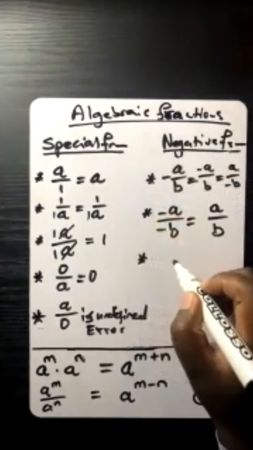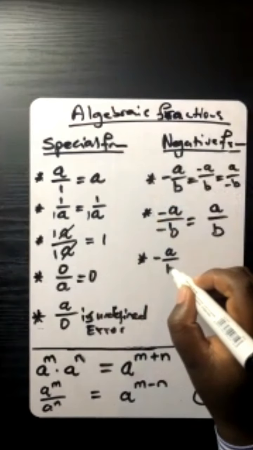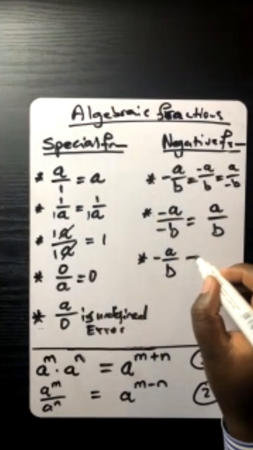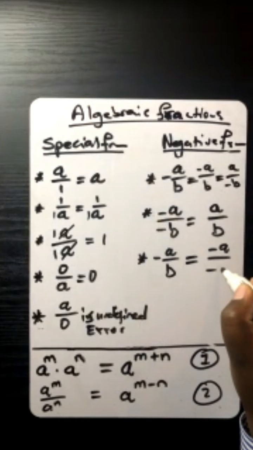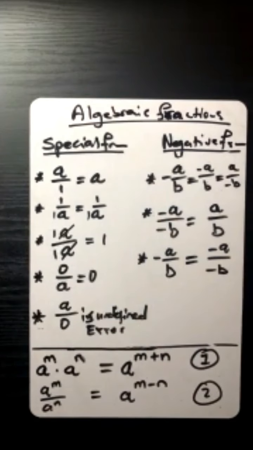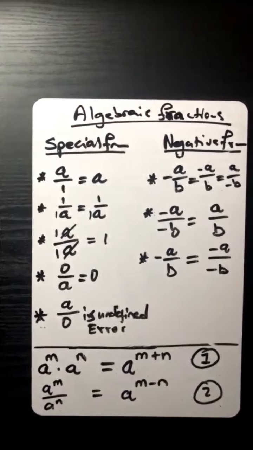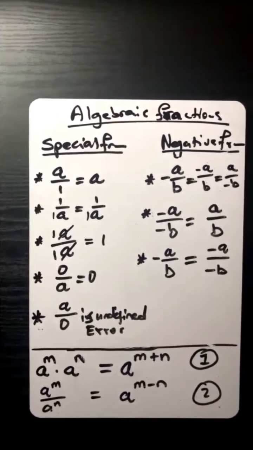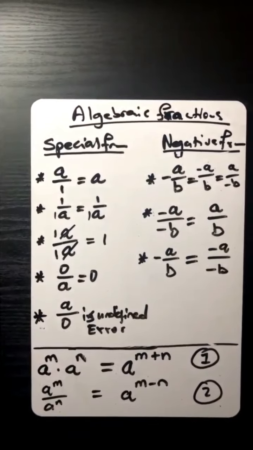And the last one, let's check this one, is negative A divided by B. Is this the same as negative A divided by negative B? Is it the same? Shreyas? Yes, sir. Is it the same? I'm checking it out, sir. Okay. Do the same, Cele. No, sir.